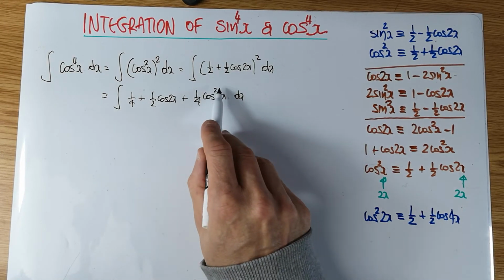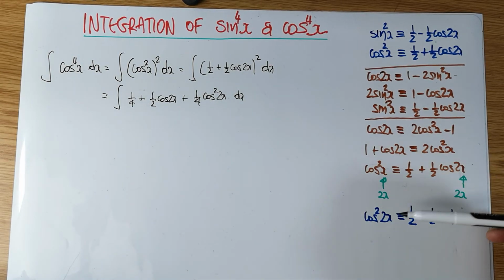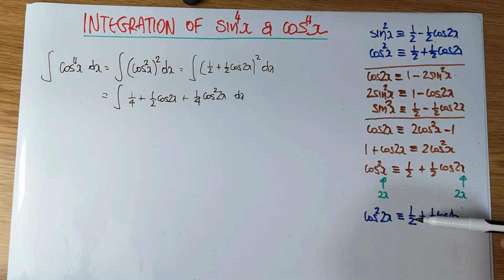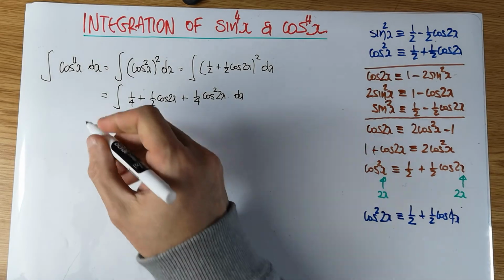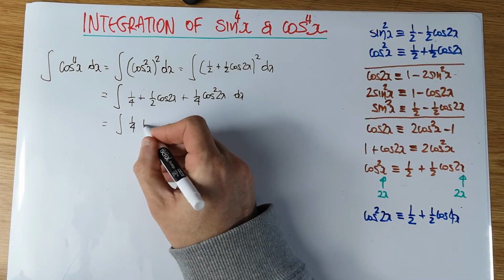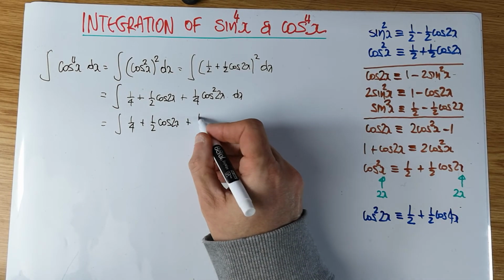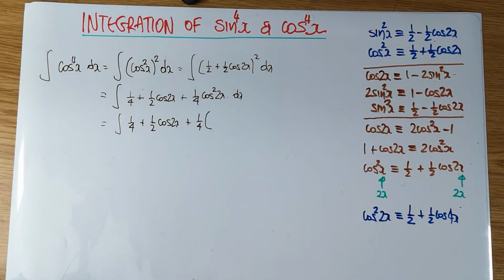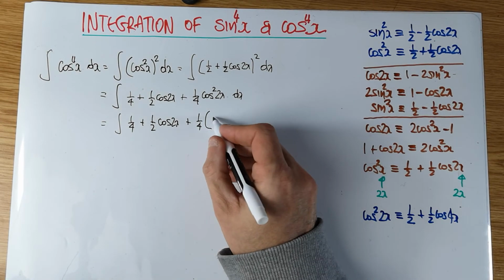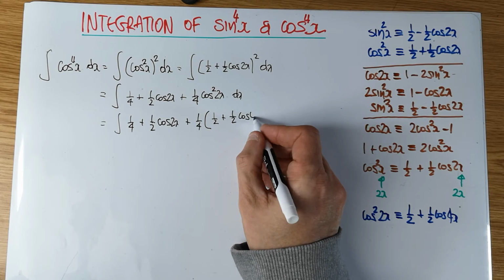Integrable, that has a cos squared, so we need to reapply the identity. We've gone through all of this, so we have the cos squared of 2x written in blue down here. So all I'm going to do now is again use it. 1/4 plus a half cos of 2x plus 1/4 bracket, cos squared of 2x is a half plus a half cos of 4x.